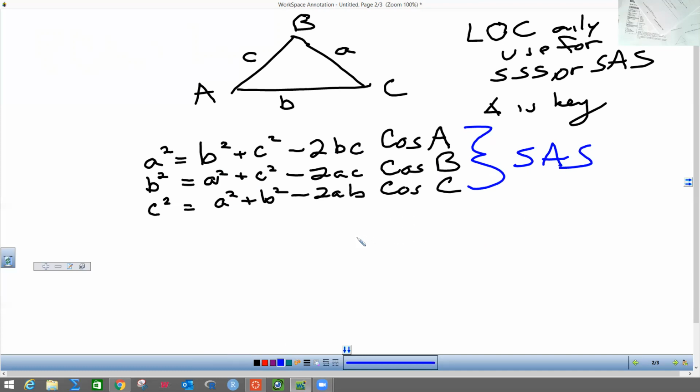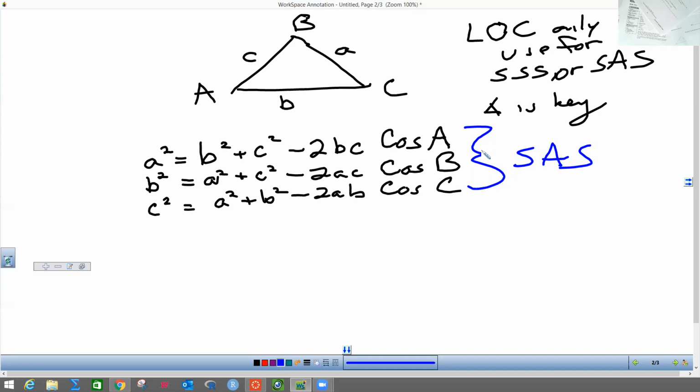Now, sometimes they give you side, side, side. So I'm going to solve these equations for when you have to find these angles first. On the old formula sheets, Miss Moore wrote them with cosine A all by itself.